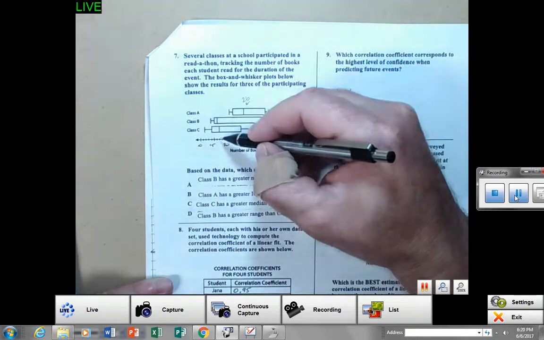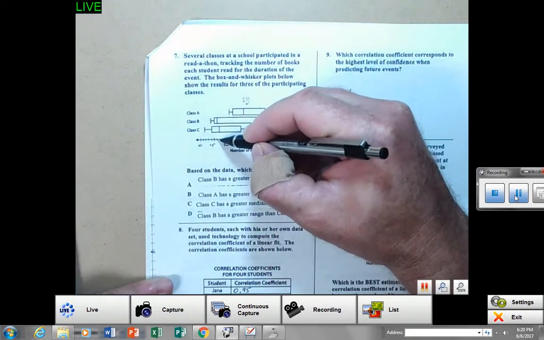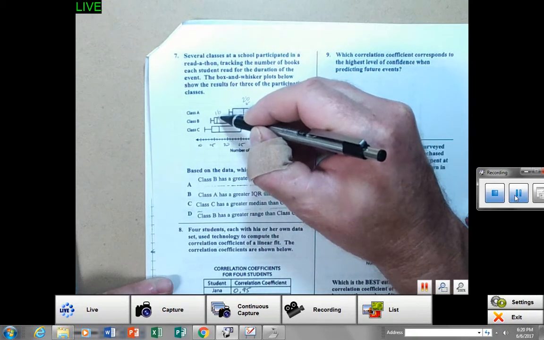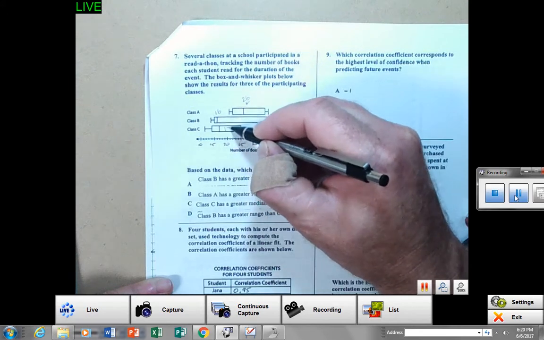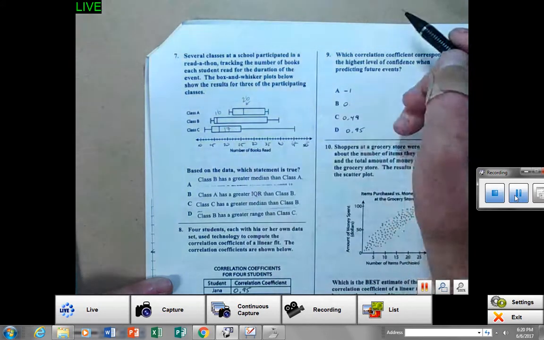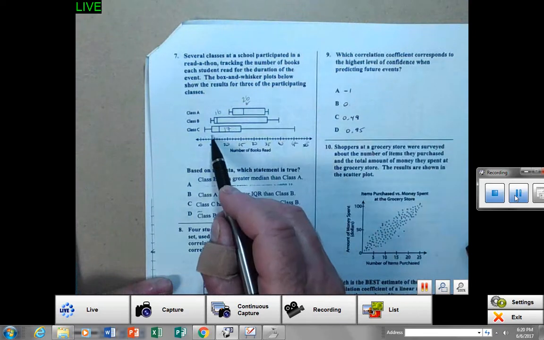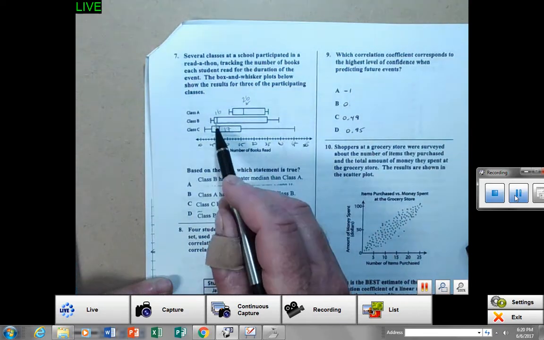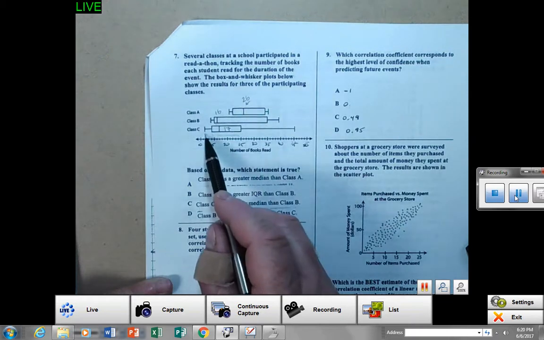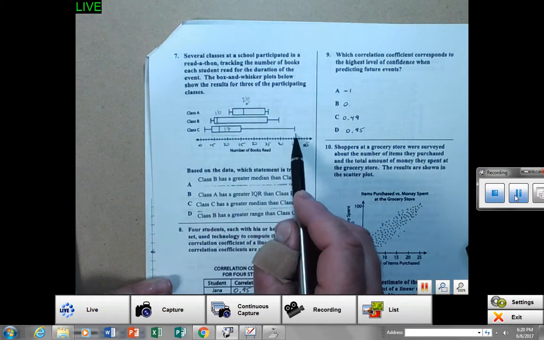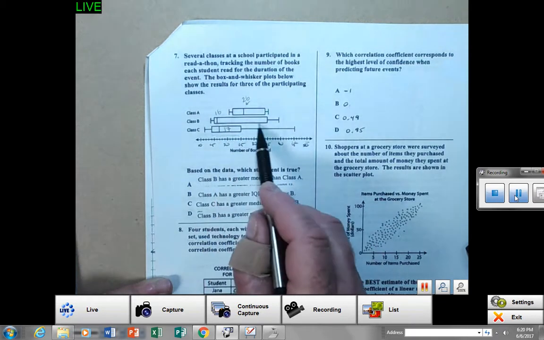Class B looks like it's maybe about 16. Class C looks like it has a median of about 17. Those are my medians. My interquartile range is from here to here. So Class B has the biggest interquartile range. My overall range, all the way down, Class C has the largest overall range.